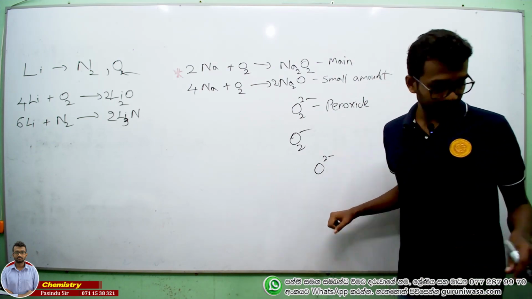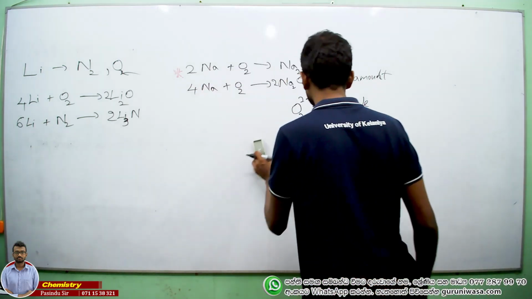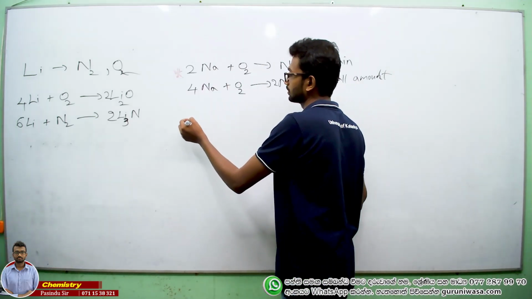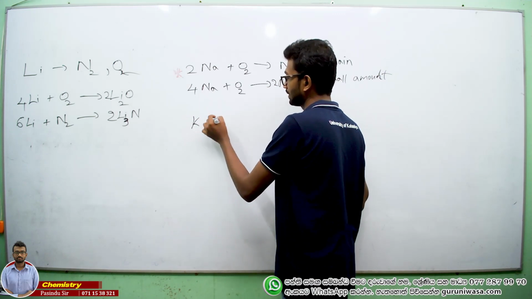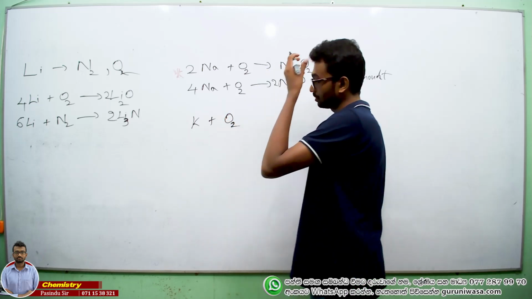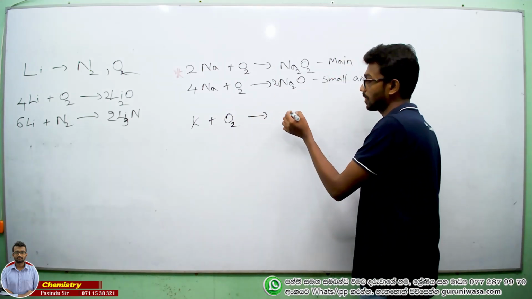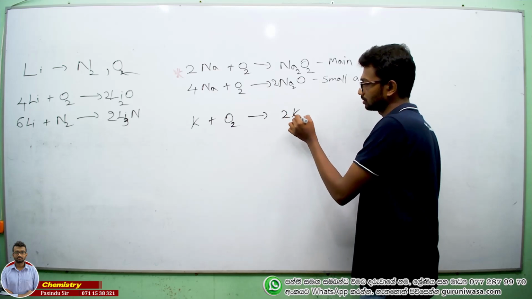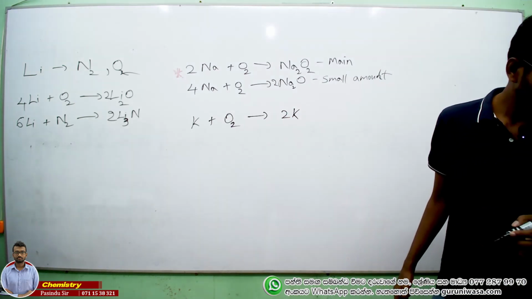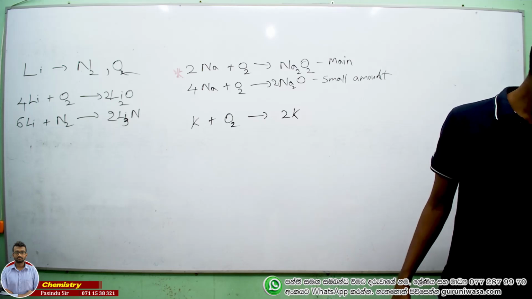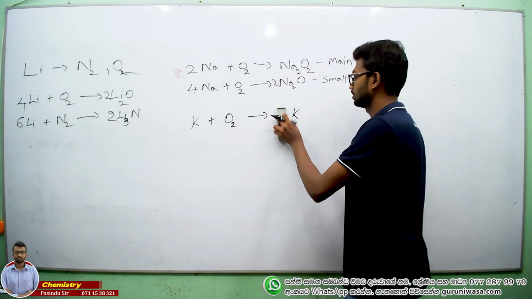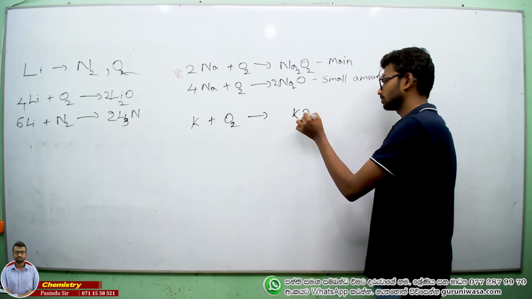Write down the equation, the superoxide one. Potassium plus O2, sorry, not 2, forms KO2, yeah, KO2, right?